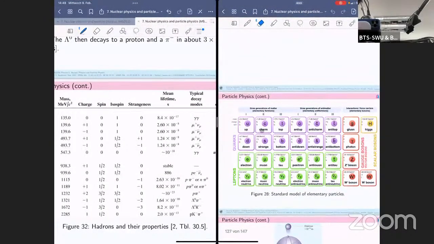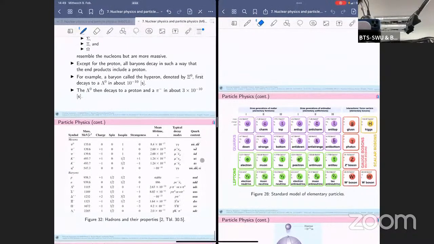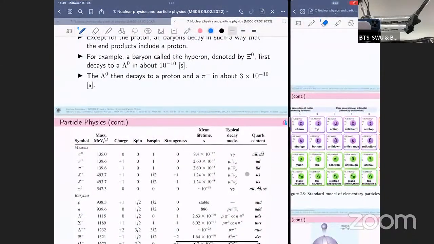You could see here the strange quark, and it has its own antiparticle, which is called anti-strange, and that is one of the components of kaon plus.